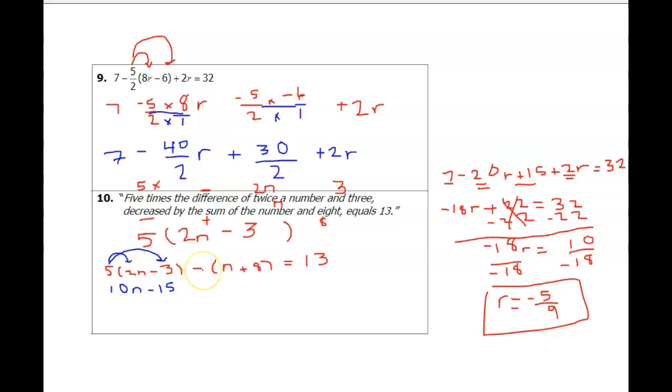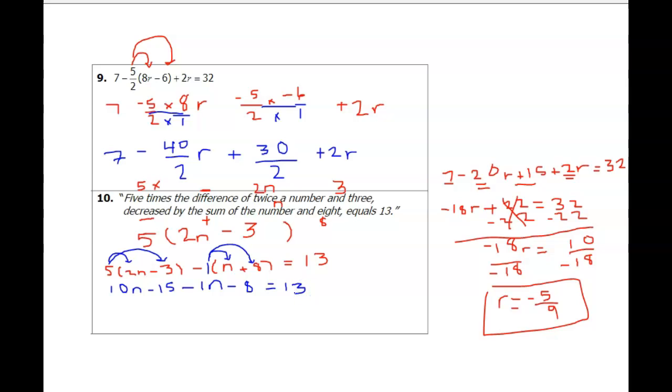Hey guys, what happens here when I have a negative in front of the parentheses? It's a negative 1. So I'm distributing a negative 1. It's dancing with n and it's dancing with 8. So I will have a negative 1n minus 8. And it equals 13.